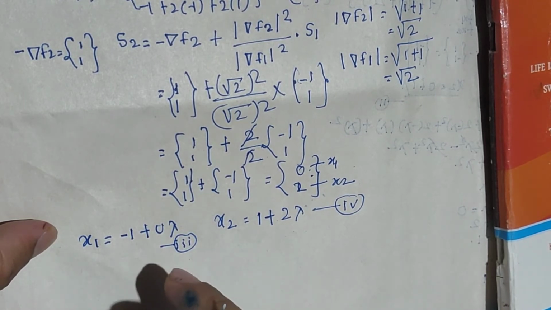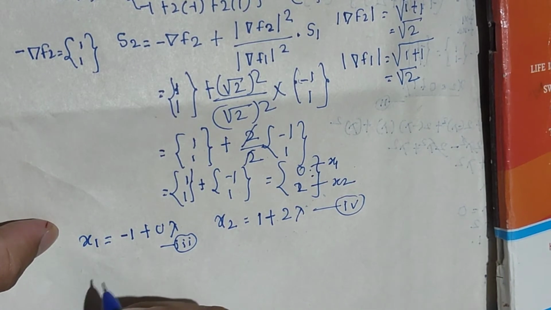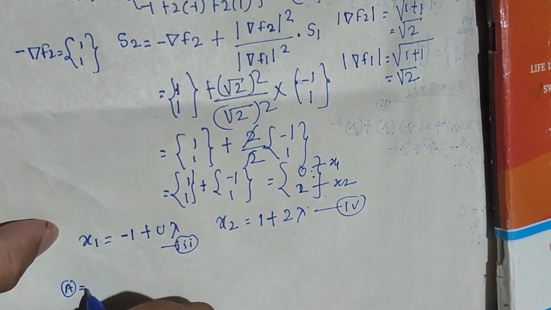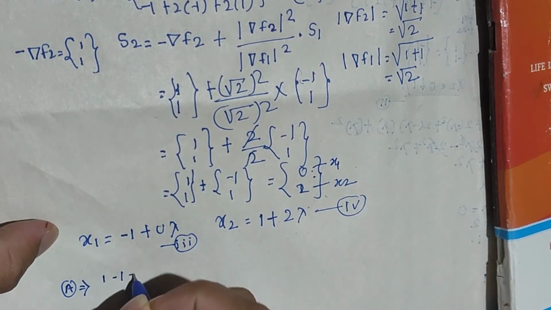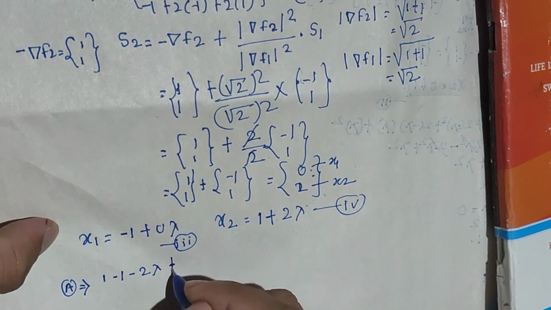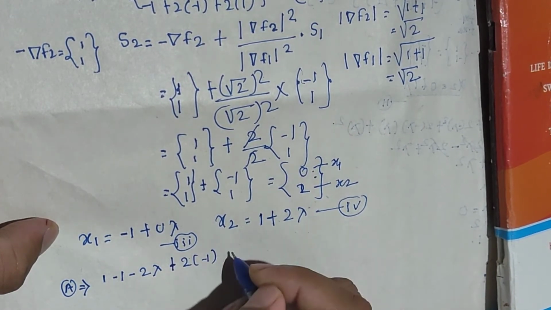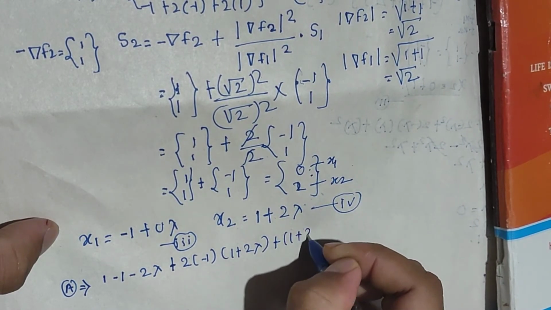Now we have to put these values of x1 and x2 into equation number A. So it is going to be 1 minus 1 plus 2 minus lambda, minus 2 lambda, plus 2 into minus 1 into 1 plus 2 lambda, plus 1 plus 2 lambda squared.